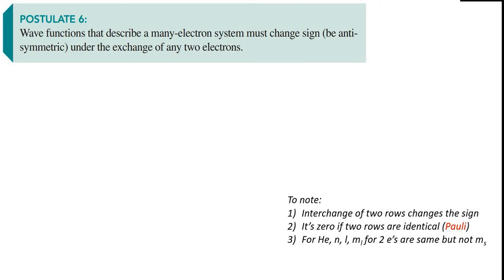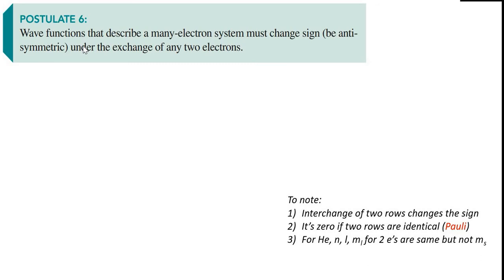We have already covered 5 postulates, right? The first one gives you the wave function. This 6th postulate I am going to talk about is something new. So first we read it out.